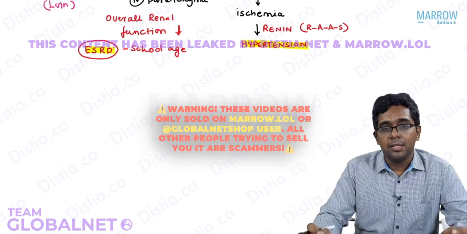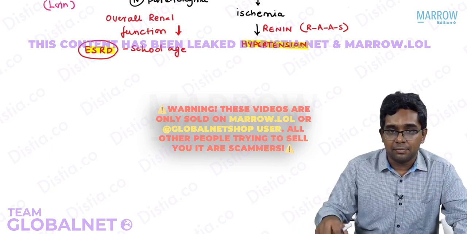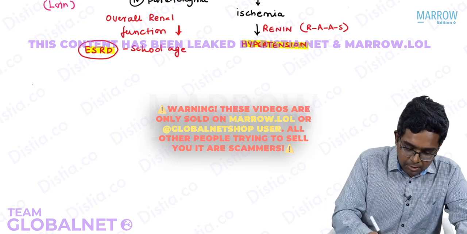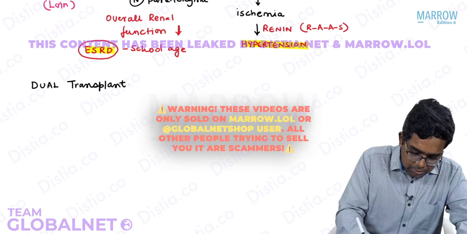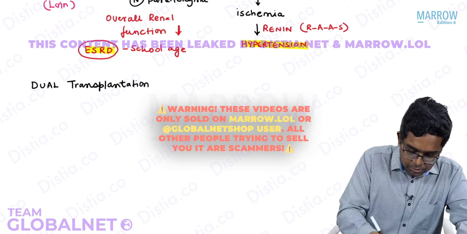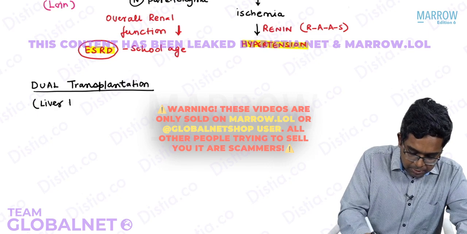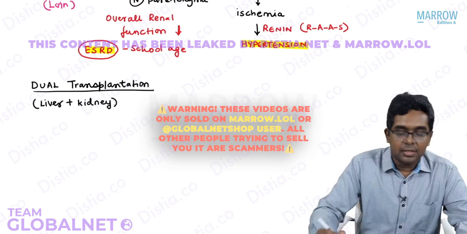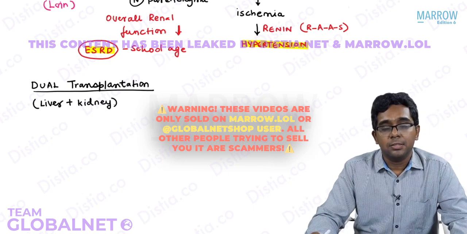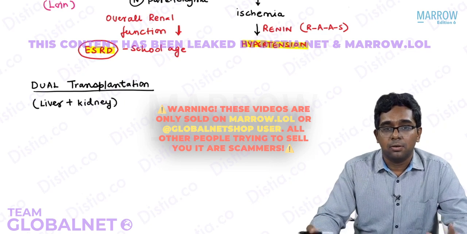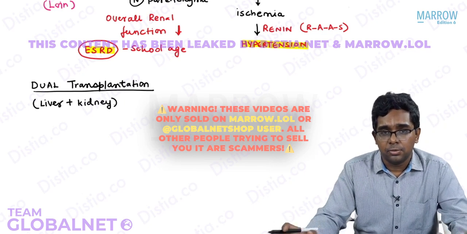The only way by which these children can survive is a dual transplantation. Dual transplantation refers to transplantation of both liver and kidney. So this condition is definitely a difficult condition to treat, because dual transplantation is not usually possible in all these children. So they don't have a good outcome.